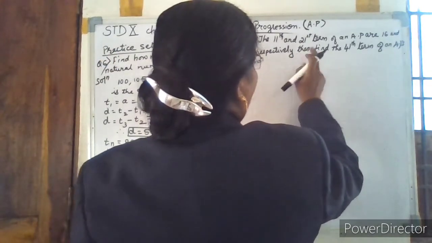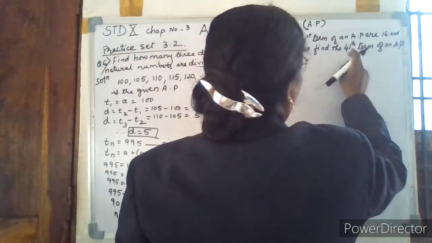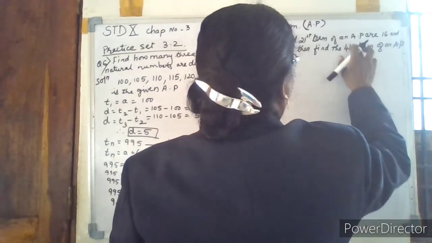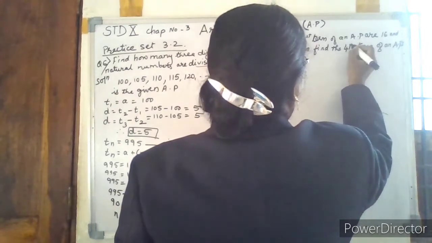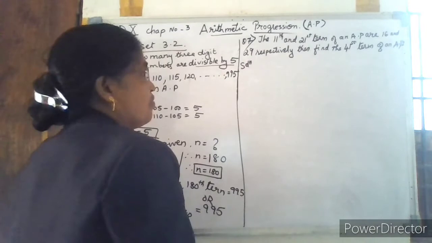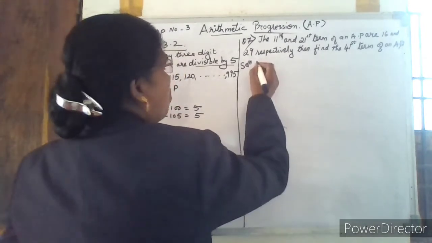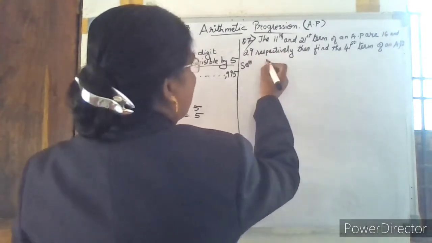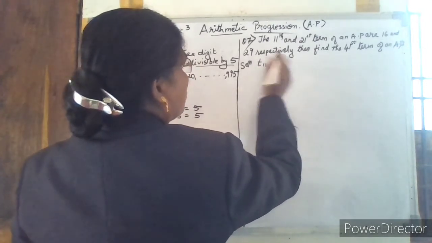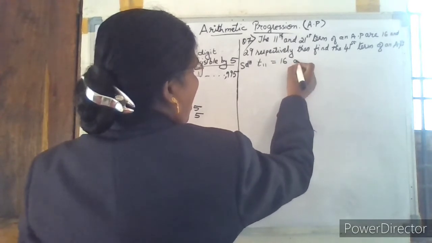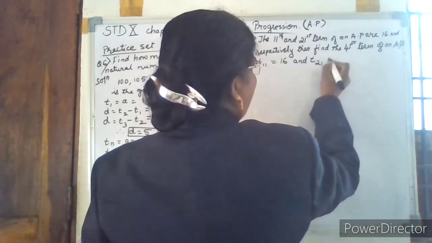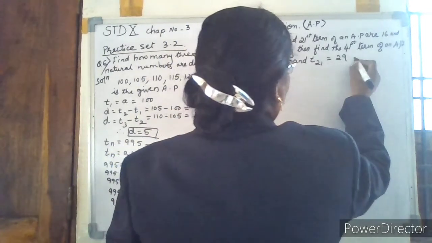Then find the 41st term of the AP. So what is given? The 11th term is equal to 16 and the 21st term is equal to 29. This is given.